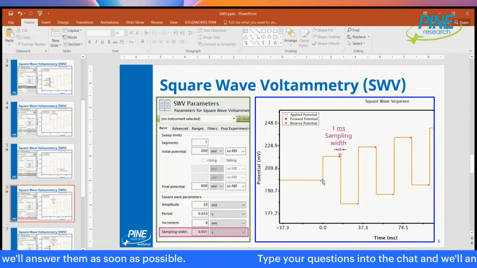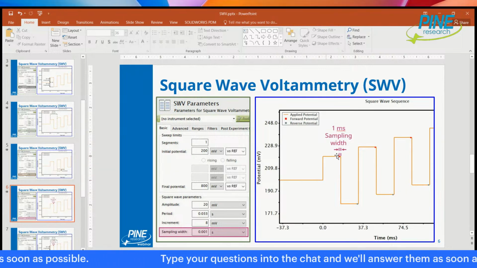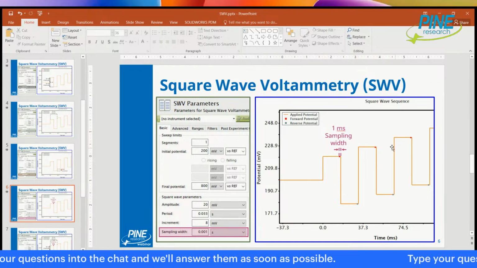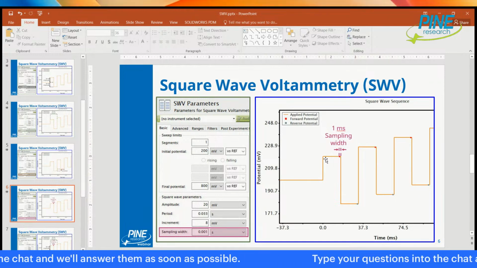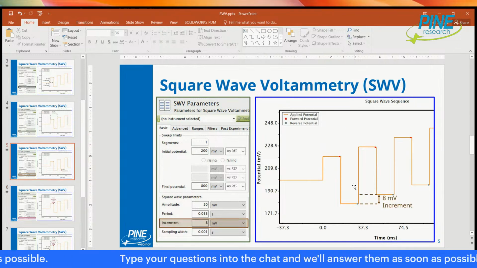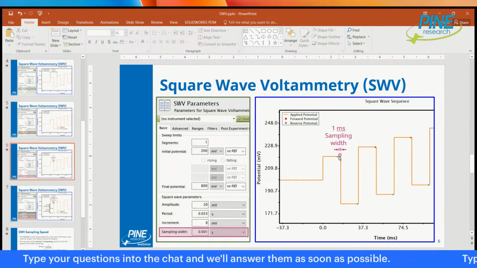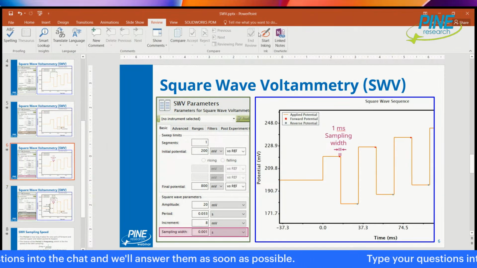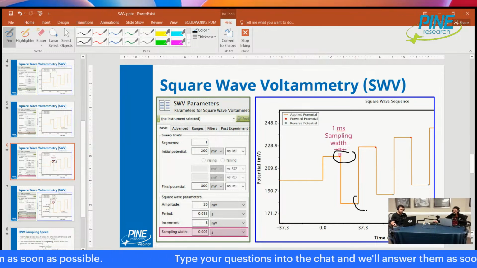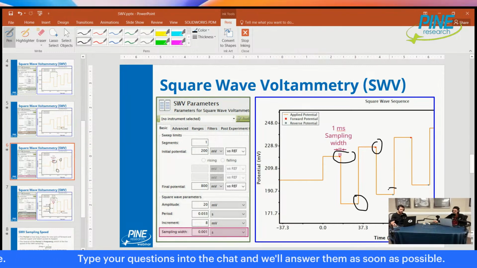sampling width is, for instance, while I'm going up 20, down 40, then up 48, down 20, whatever the numbers happen to be, what I'm actually doing is only taking a point at each of these dots. So you see this red dot. Try to circle it here for you for a second. So I'm only taking a point here and a point here and a point here and a point here.